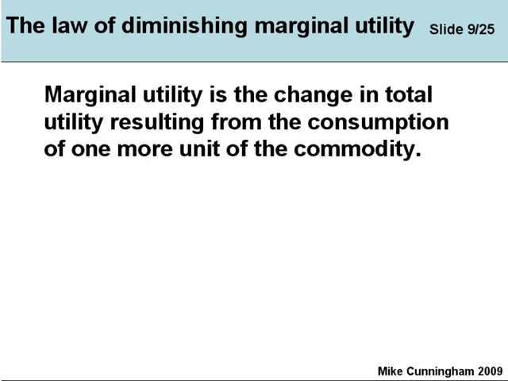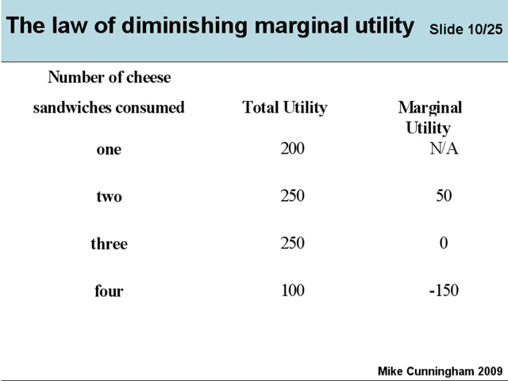Okay, let's have a look at a table that illustrates that. Now here's a table showing the consumption of cheese sandwiches. Let's say everyone eats cheese sandwiches, pretend. I know not everybody does, but just for this example. Now, if you have one cheese sandwich, you might get 200 units of utility, 200 utils. Okay, so that's okay. Now, number two, if you have two sandwiches, your total utility will have gone up to 250.